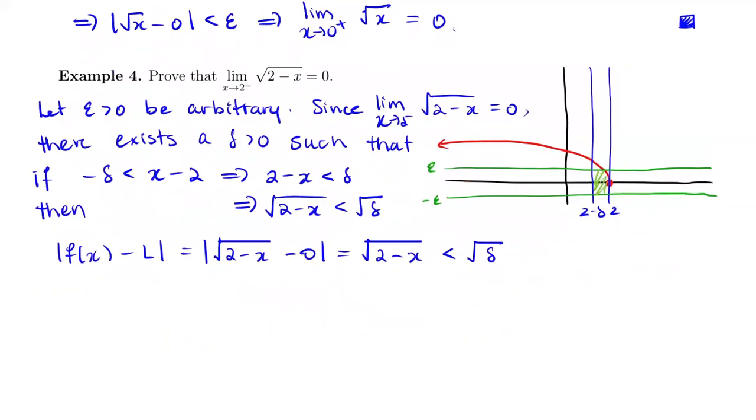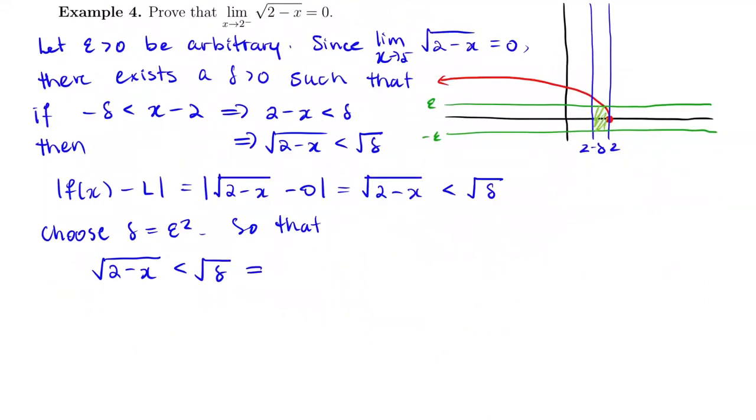So we're going to choose delta to be epsilon squared. So then we have the square root of 2 minus x, which is less than the square root of delta, and that is going to be the square root of epsilon squared, which is just going to be equal to epsilon.